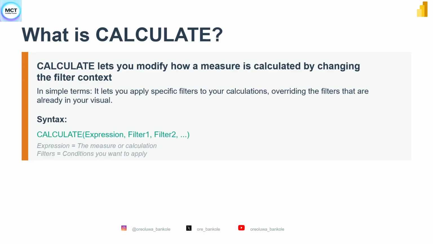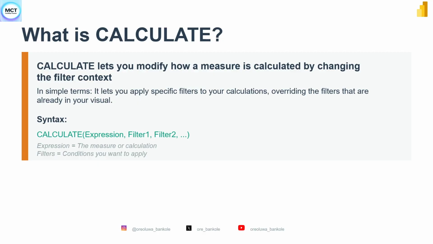Take note, it must not return a table. It must not return a column. It must return a scalar value. That is why we usually work with a measure. When I say expression, I mean the measure or calculation that we want done.